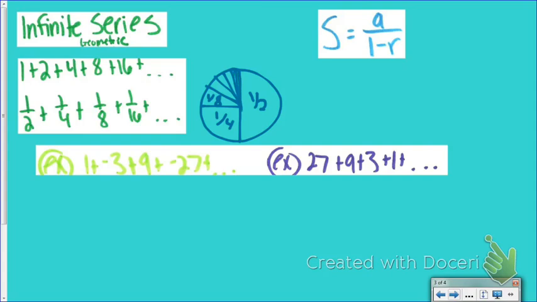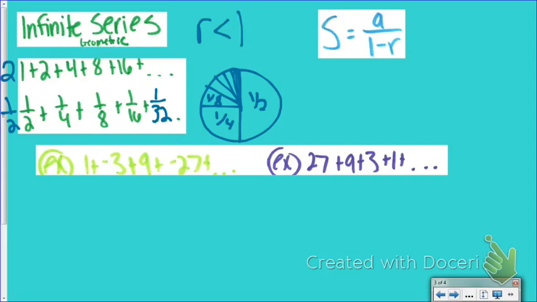So some of these series, even though they do keep on going with a common ratio, they actually do have a sum that we can find. But the only way they're going to be able to is if it's a specific kind of ratio. So if you look, the ratio of that second equation was 1/2, but the ratio of the first equation was 2. So the way we can tell is if that ratio is less than 1.